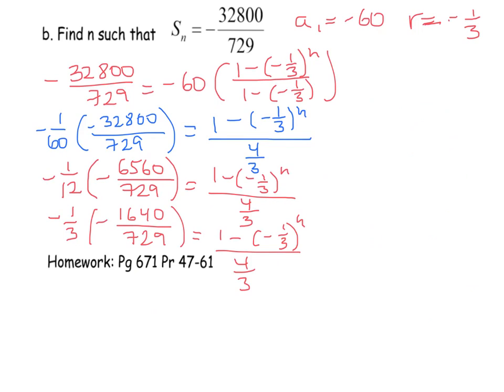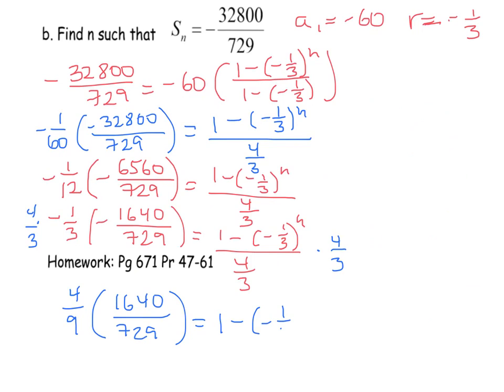So now I'm going to multiply both sides by 4/3, and I'm also going to eliminate the negative symbol on the left hand side. So I will have 4/9 times 1,640 over 729, and that will give me 1 minus negative 1/3 to the nth power.